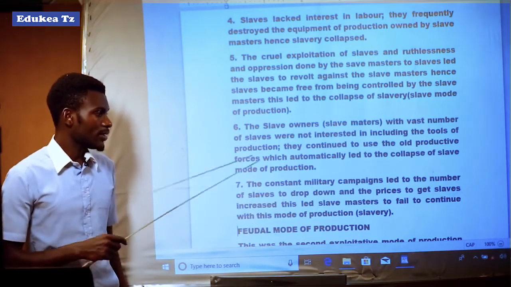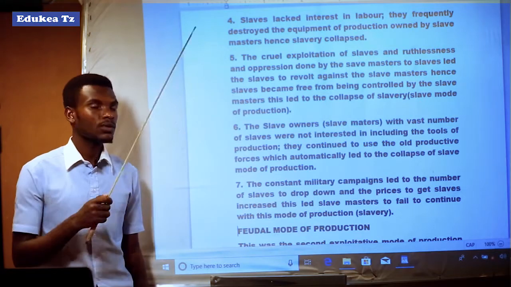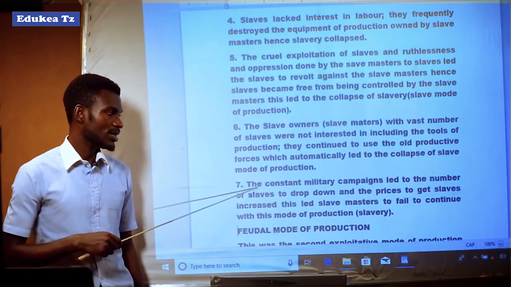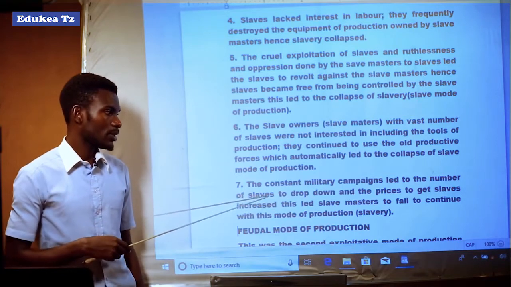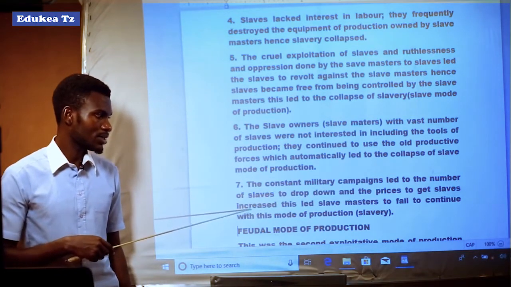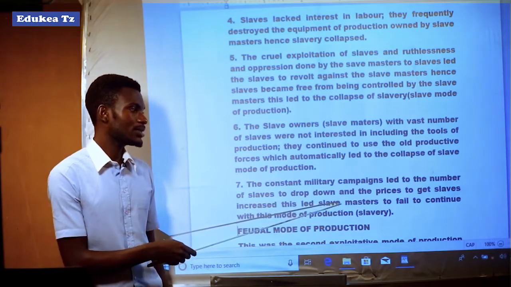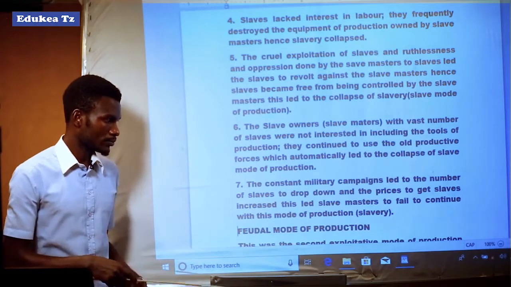And the last factor for the transition from slavery to the feudal mode of production was that constant military campaigns led the number of slaves to drop, and the price of getting slaves increased. This led slave masters to fail to continue with this mode of production.